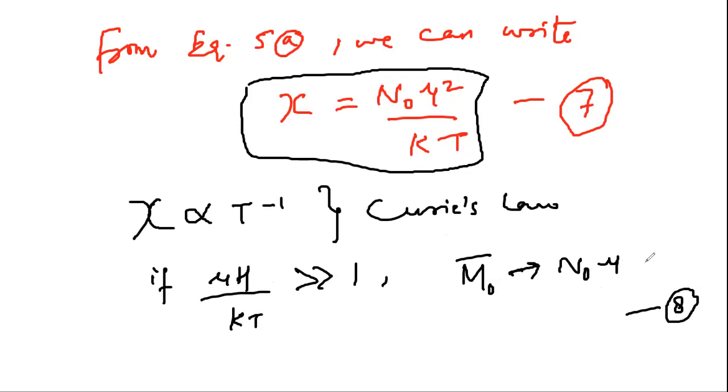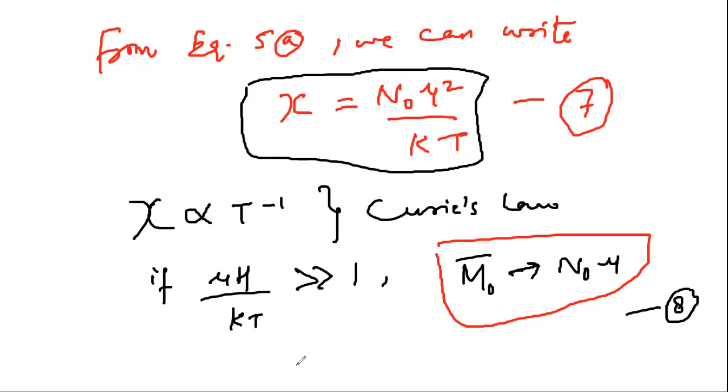You will check this. So what we said qualitatively, we have expressed that quantitatively also. We said that qualitatively, when mu H by kT is small, then the average magnetic moment will become mu, and then the magnetization will become N naught times mu, right?